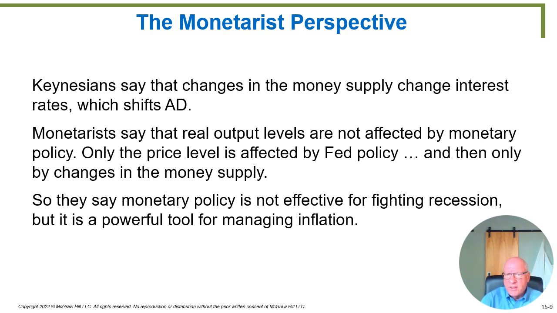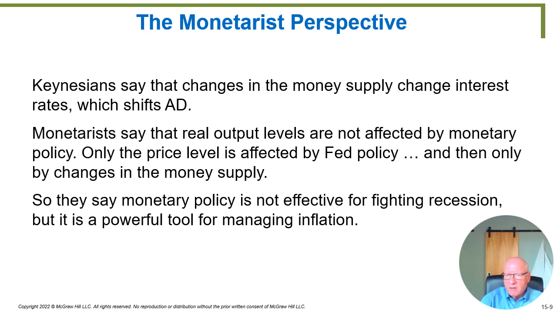So Keynesians say that the change in the money supply changes the interest rates, which shifts the aggregate demand. That's what we described in the last two lectures, the last two slide decks, 15.1 and 15.2. Monetarists say that the real output levels, in other words, the amount of cars and houses being made, are not affected strongly by monetary policy.